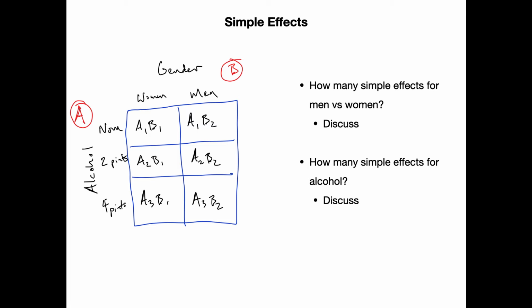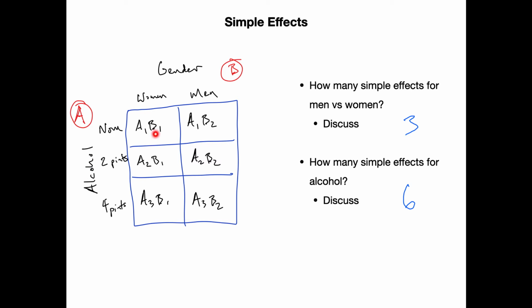All right, now that you've had a chance to think about that, what we end up with is 3 for this and 6 for this. So let's walk through what each of those things are. Let's do men versus women, because I think this one's the easiest, since we just have 2 levels of gender in this study. We're going to compare men versus women at a specific level of alcohol.